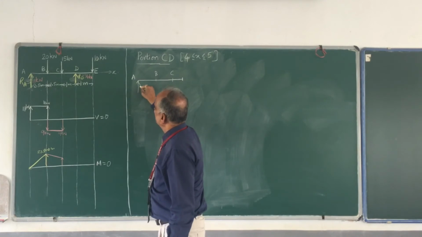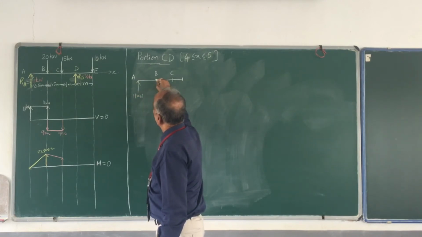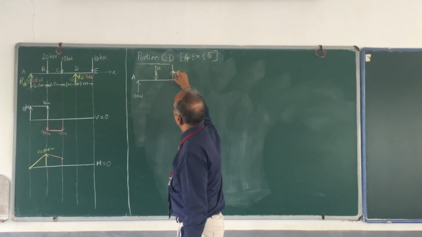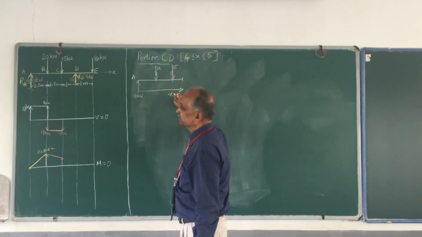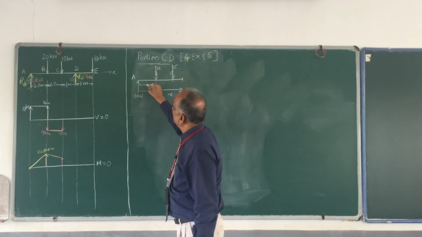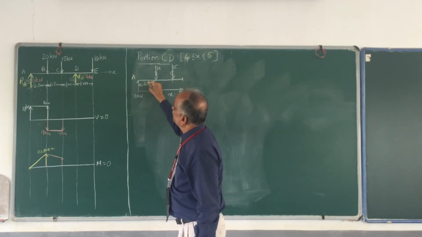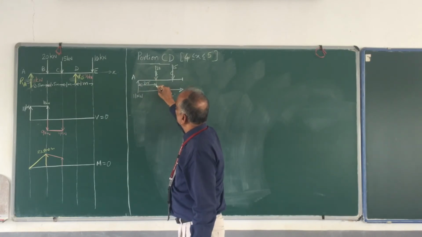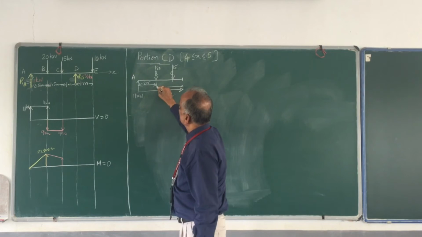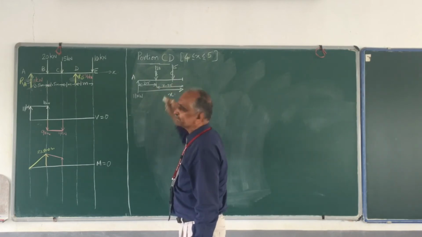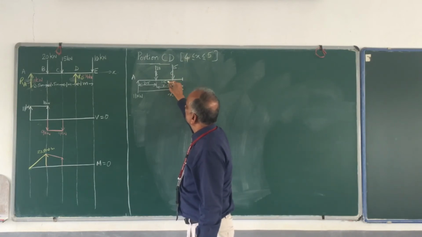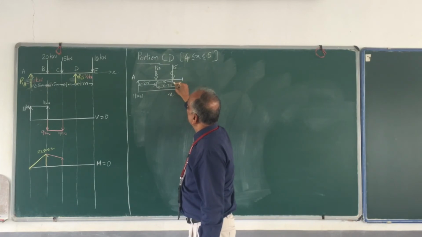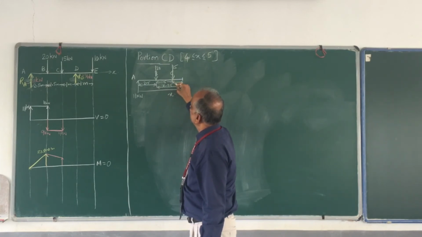You have 11 kilonewton, at B a force of 20, and at C a force of 50. From here to here is x, this distance is 2.5 meters. This distance is x minus 2.5, this distance is 1.5, and this is x minus 4.